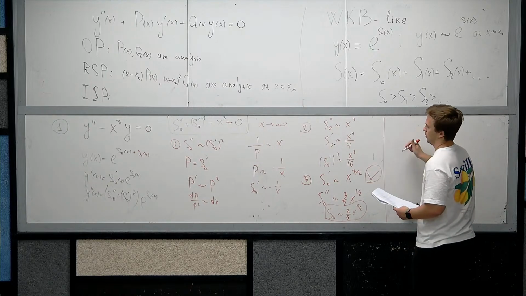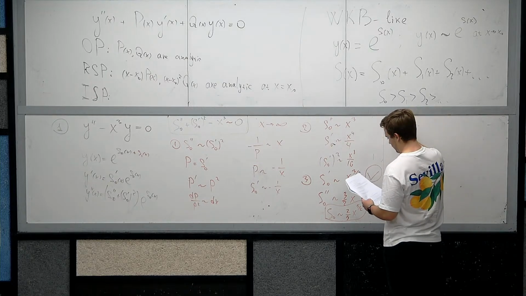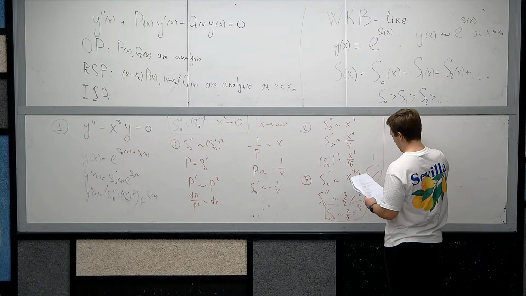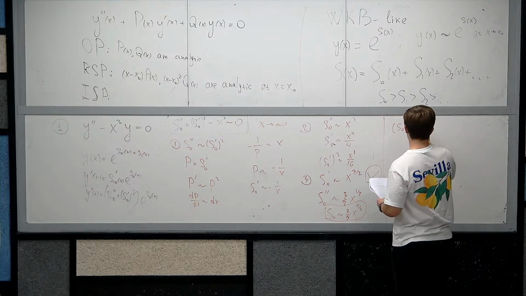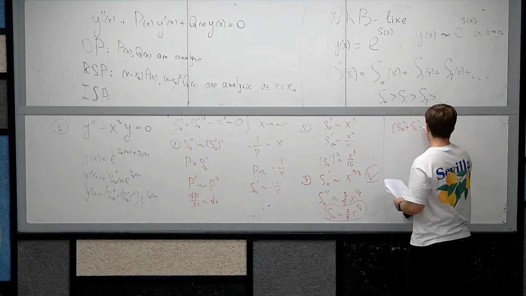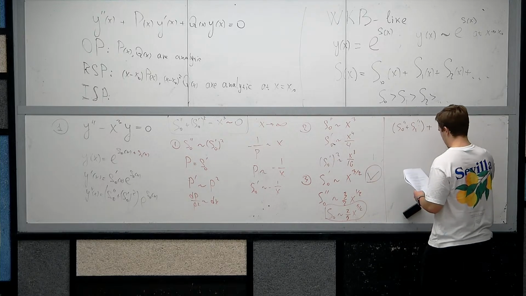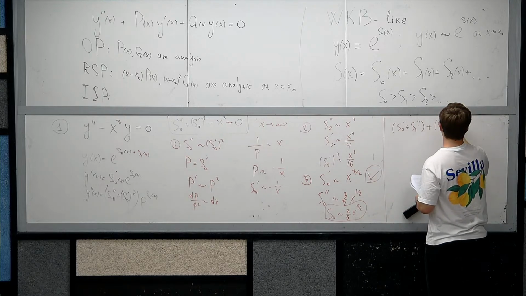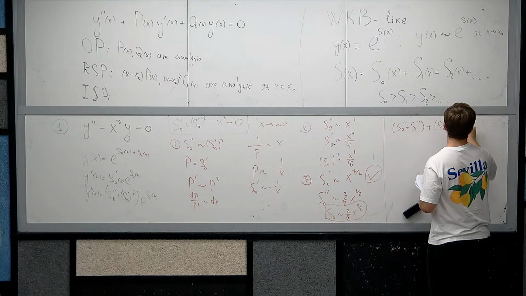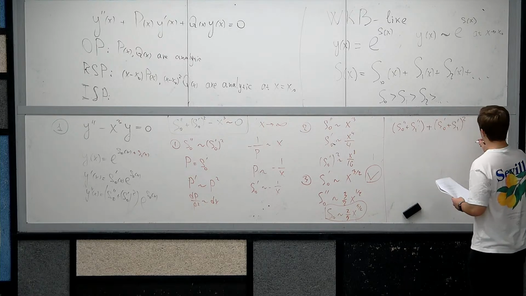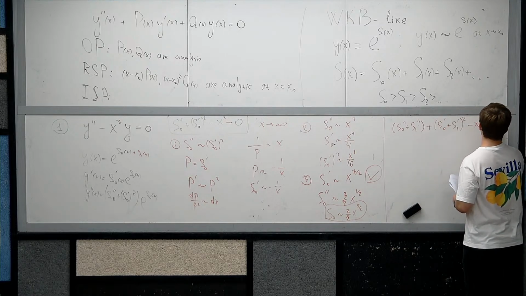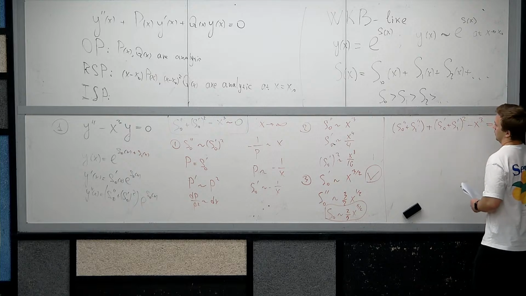Okay. So we'll have S naught double prime plus S1 double prime plus S naught prime plus S1 prime squared minus x cubed equals 0.